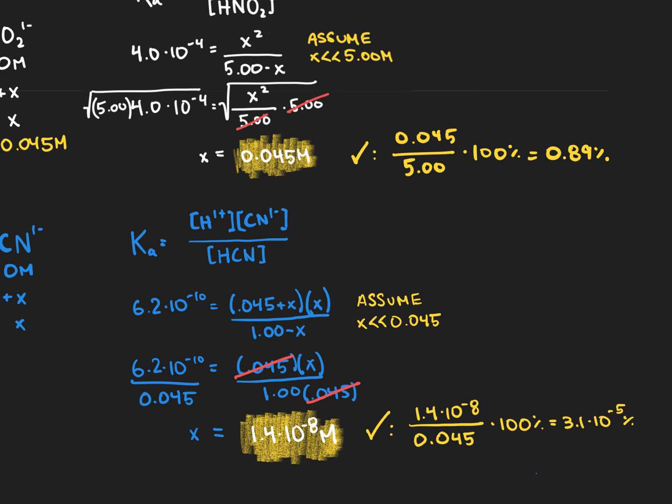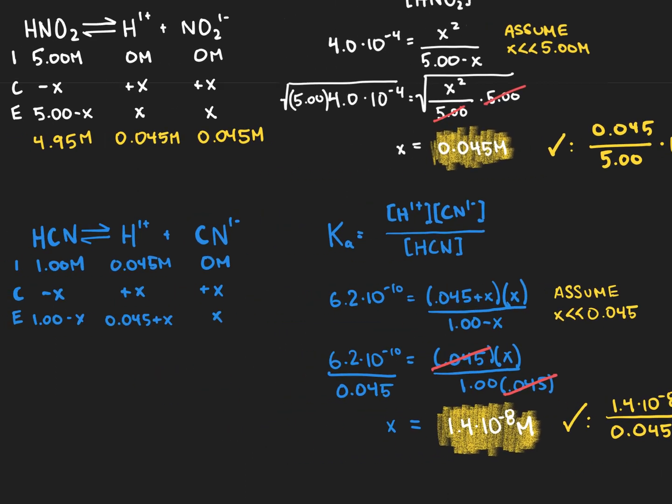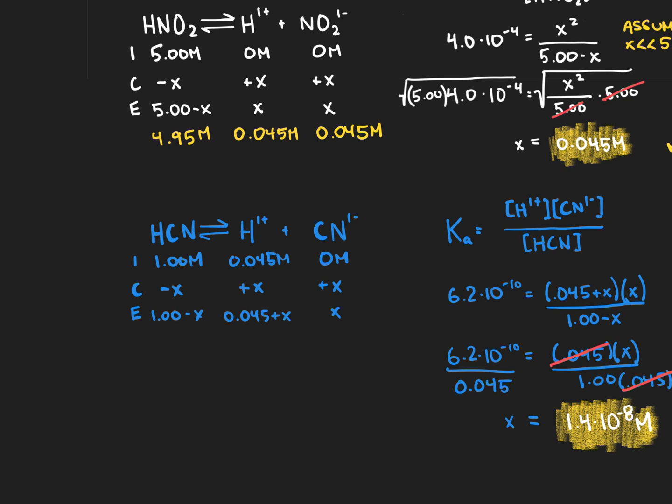So I now have an x value, which is, as you see from my ICE table, equal to the equilibrium concentration of the cyanide ion. So I can fill out that cyanide ion's concentration is 1.4 times 10 to the negative 8th molar, and hydrogen ion's concentration is 0.045 plus my x value, which clearly we can see is not going to have a meaningful change in concentration from the initial concentration of 0.045, given how very, very small that increase was.